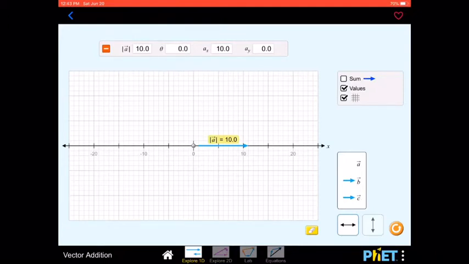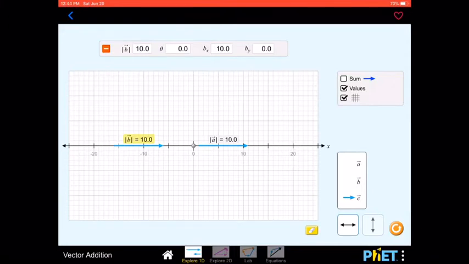And if we have another vector, let's say here, and that's also 10. So you can see both vectors are traveling, or if it's regarded as a displacement vector, then both vectors from the initial to the final position displaced 10 units.